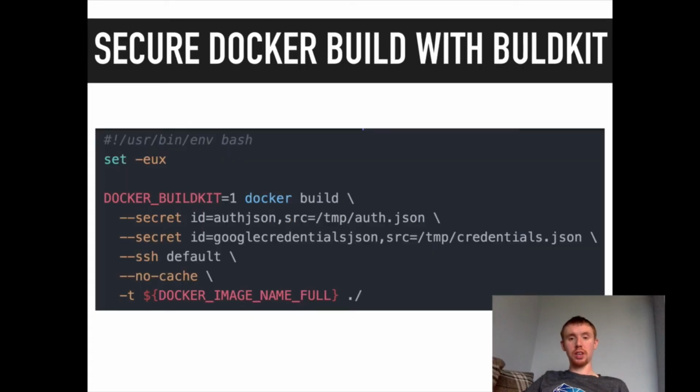Another thing about security is commonly when you're doing your Docker build. When you're doing a Docker build, you're probably pulling down dependencies from the internet using npm install or composer install. Now, in this situation, we need access to our own private repositories.